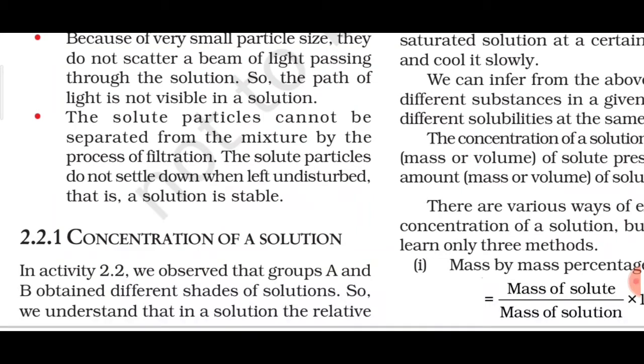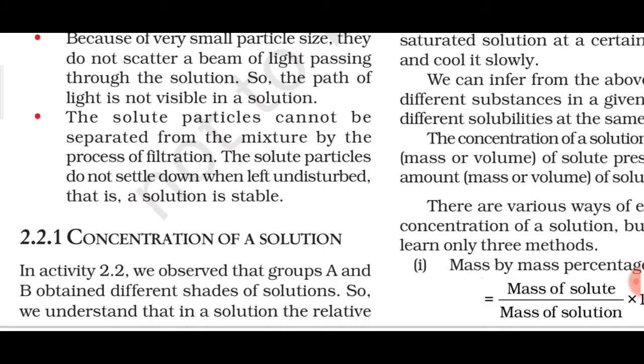So the solution which group A has obtained is blue in color, but very light blue as they have added only a few crystals of copper sulfate, whereas the color of the solution which group B has obtained is more intense as compared to that of group A. It is because group B has added one spatula full of copper sulfate, and that is why it is given here that group A and group B have obtained different shades of solutions.